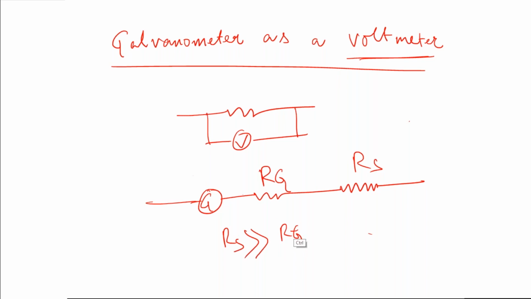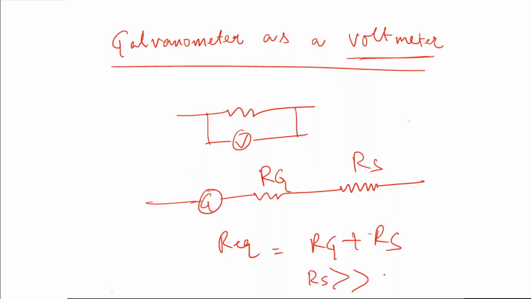I know the equivalent resistance will be RG plus RS. If your RS is much greater than RG, I can write this equivalent resistance as nearly equal to RS. That means, suppose this is 100 kilo ohm and this is maybe 1 kilo ohm, you can neglect the effect of this.